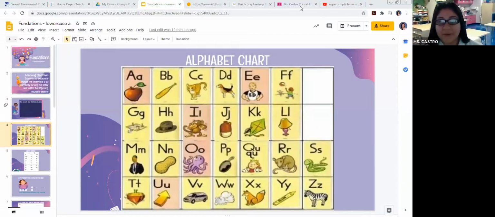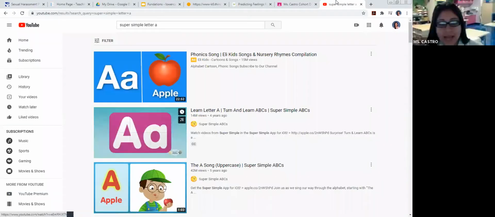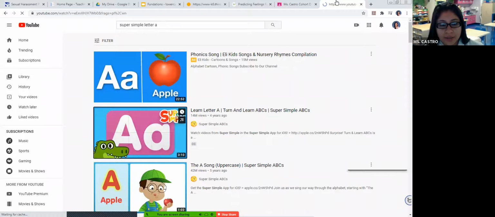All right, boys and girls. So today, Miss Castro is showing you a new uppercase and lowercase letter of the day. And we're going to predict what the letter of the day is. And it's actually the first letter of the alphabet. So let's see.